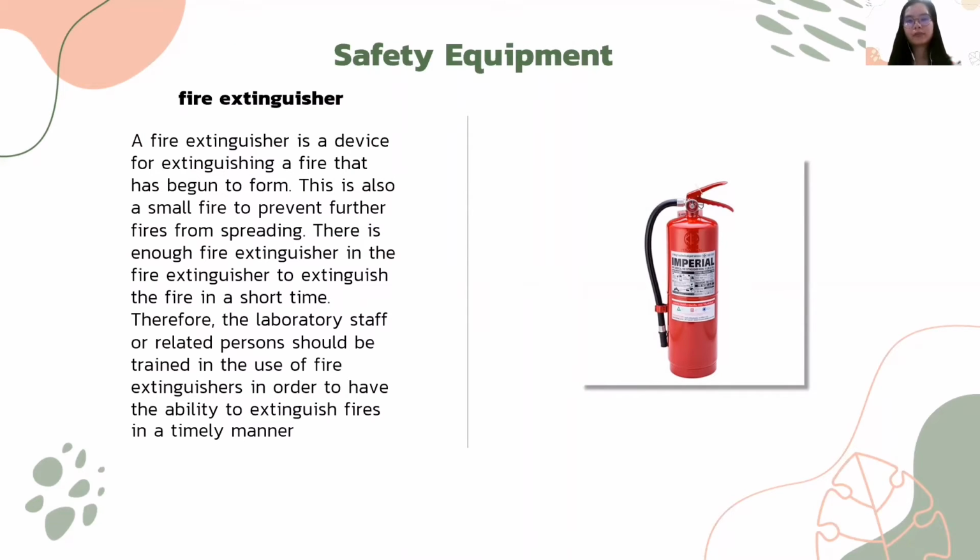There is enough agent in the fire extinguisher to extinguish the fire in a short time. Therefore, laboratory staff or related persons should be trained in the use of fire extinguishers in order to be able to extinguish a fire in a timely manner.